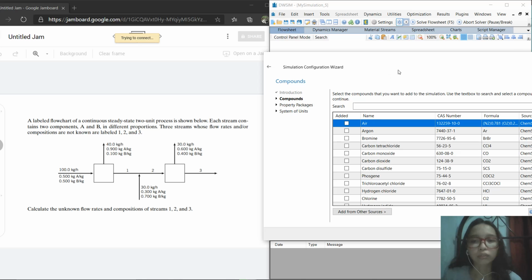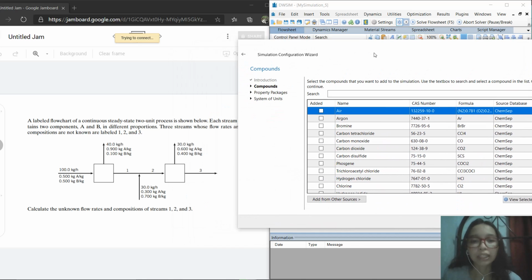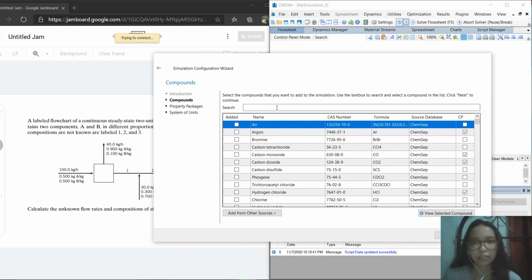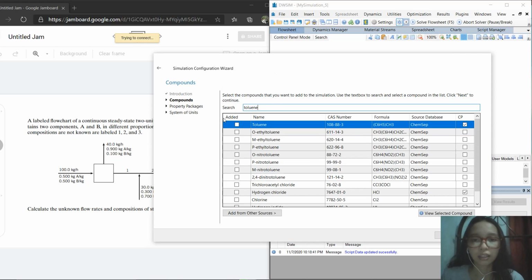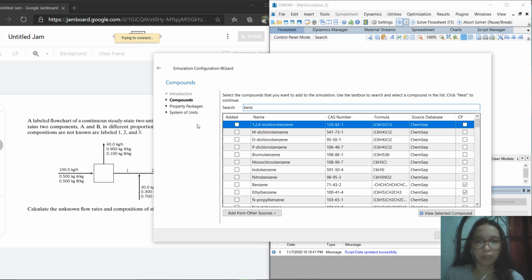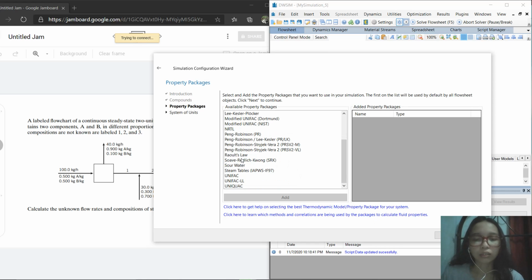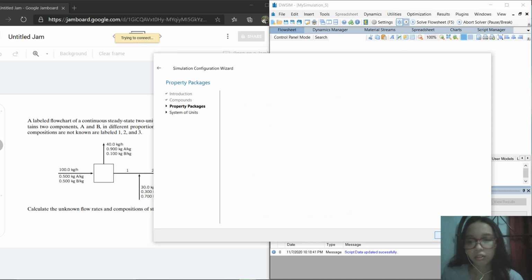So the molar flow rate need not be calculated, so you can choose any substance. So toluene as our A, benzene as B. Next, just click Raoult's law.